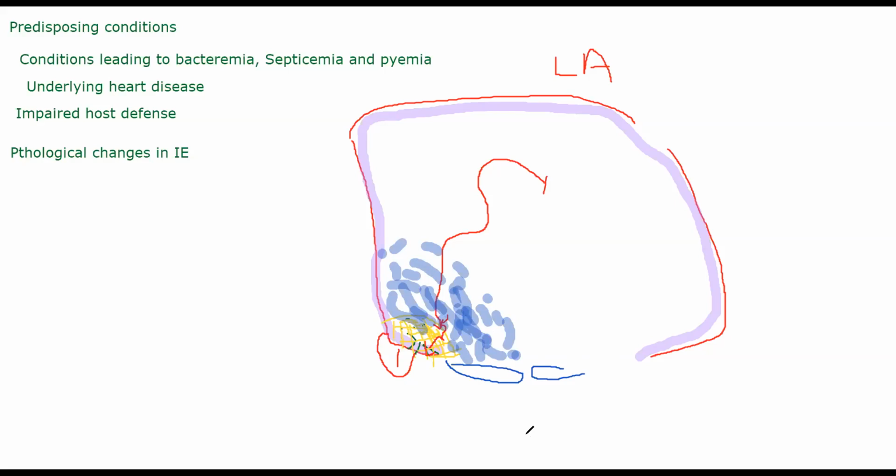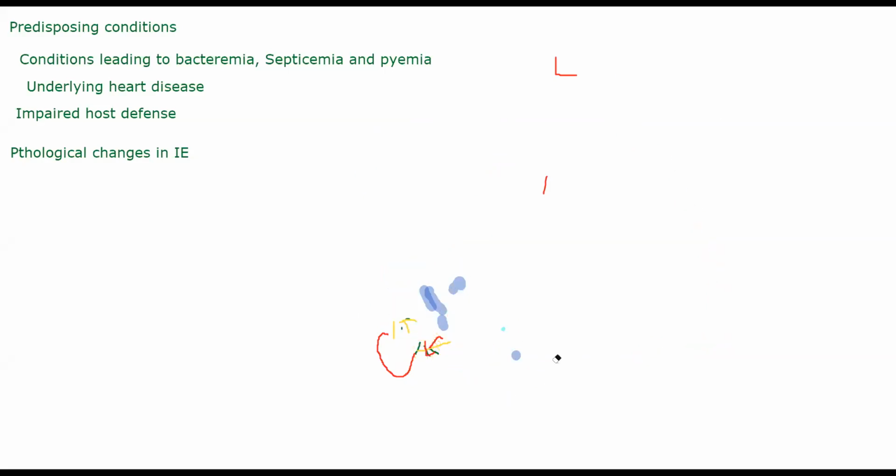If I just tell you the pathogenesis, how it occurs, once again you will understand a little better. It starts off with the bacteria. Let's suppose this is the bacteria. It is coming into your blood and enters your damaged endocardium.